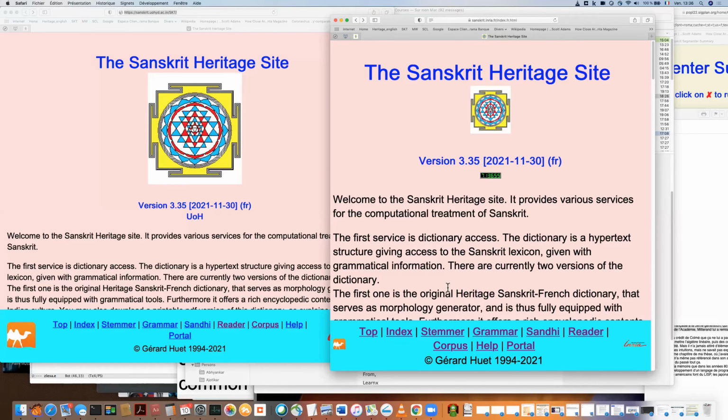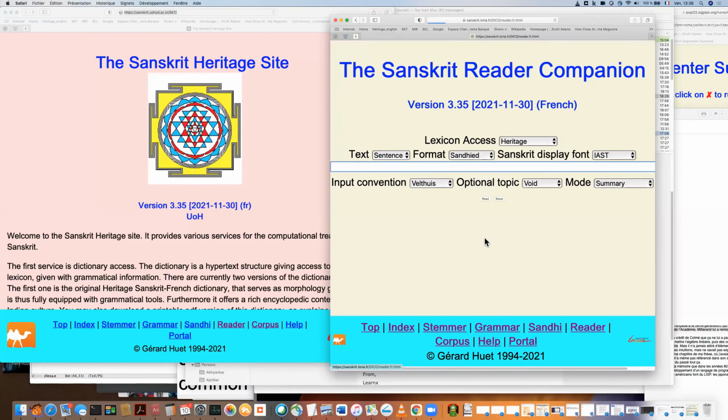So here, if I go in the reader, and I ask for that, for instance, this will be understood because it is set up at installation time in such a way that it will read Velthuis convention.